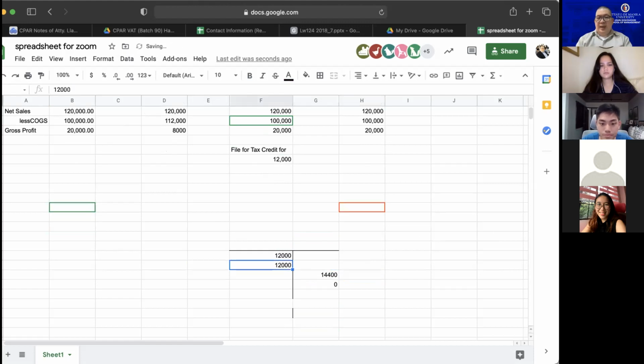But if you don't file for tax credit and you just use this, it means that you still have a carryover VAT of 9,600. So magkano babayaran mo VAT for that month? Zero. Kasi ginamit mo yung ibang VAT input nung binenta natin sa SBMA. So this is option 3.